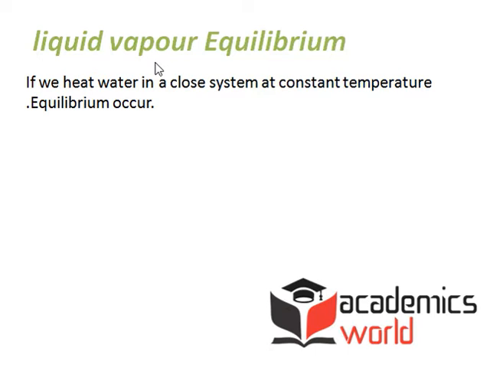Now the turn comes for liquid vapor equilibrium. I have written here that if we heat water in a closed system at constant temperature, equilibrium is reached. Let us consider the example. Suppose there is a jar and you are heating this jar from here.